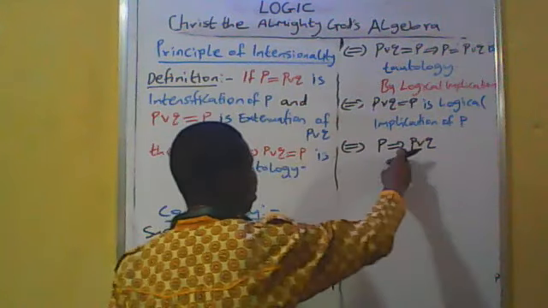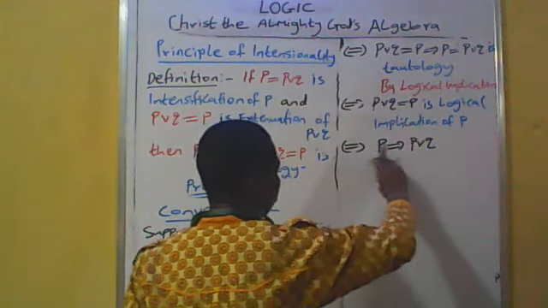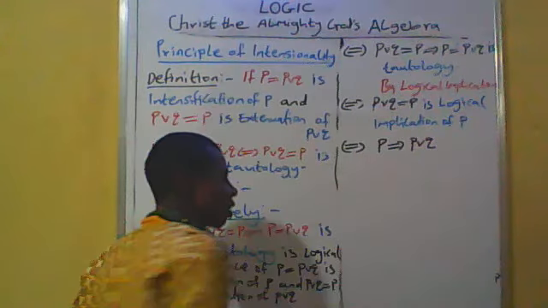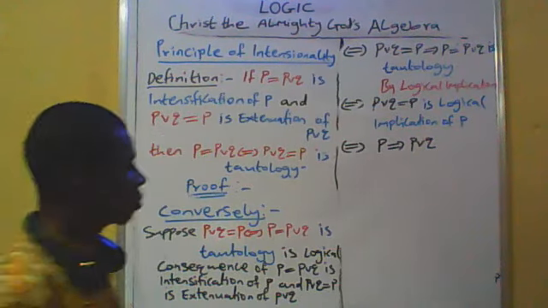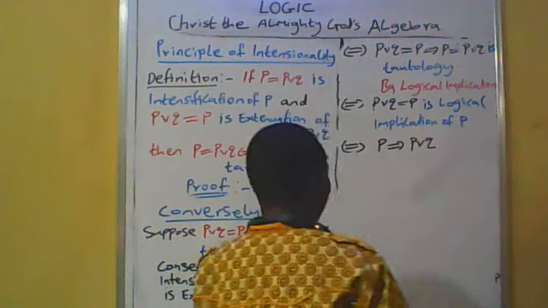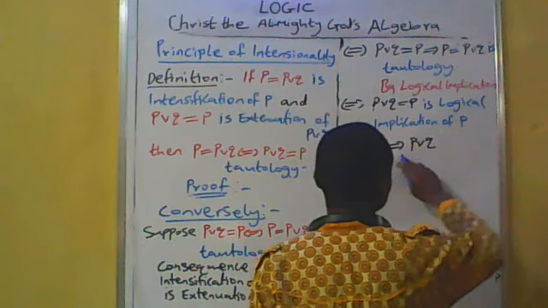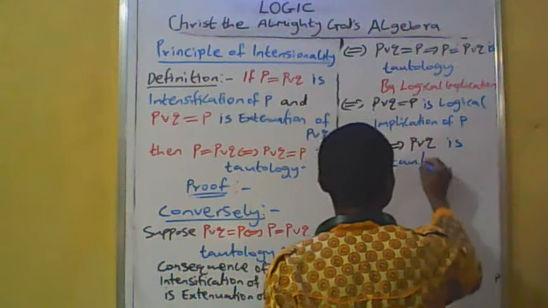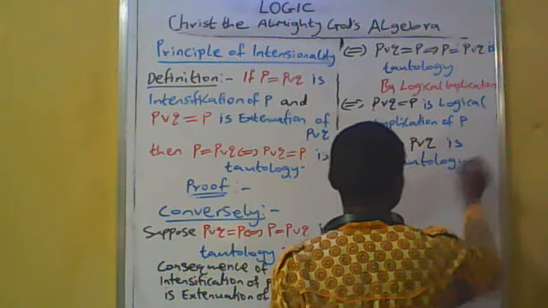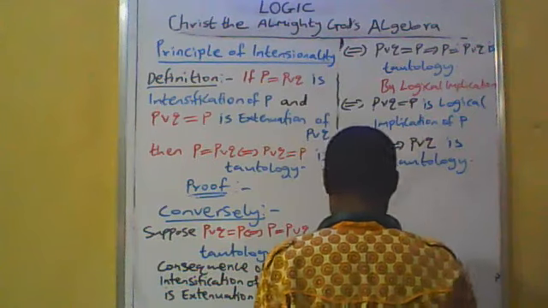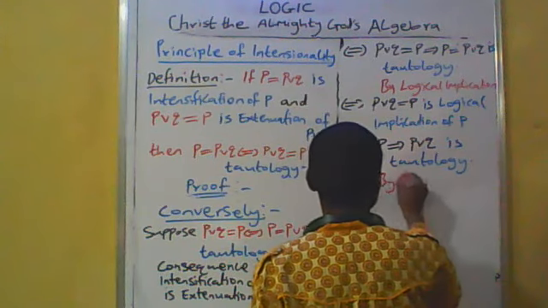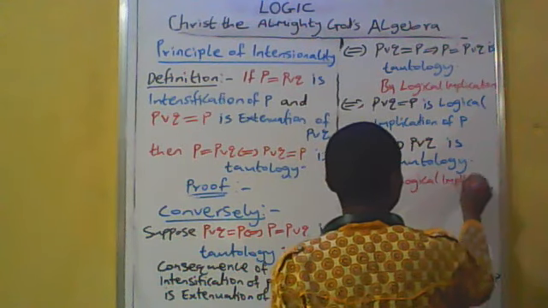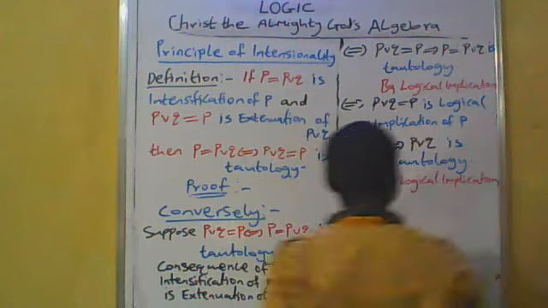And we transform this statement to conditional statement by logical implication. We say that this P implies P or Q is tautology, being justified by logical implication.